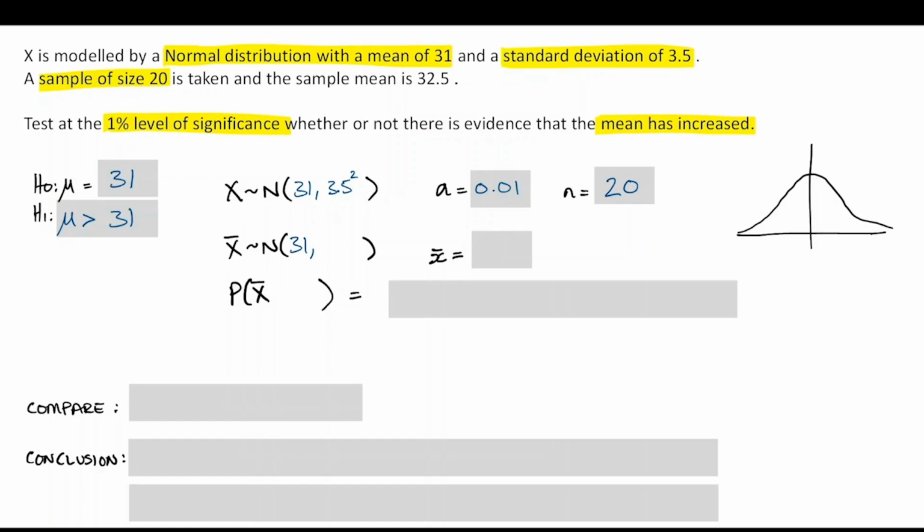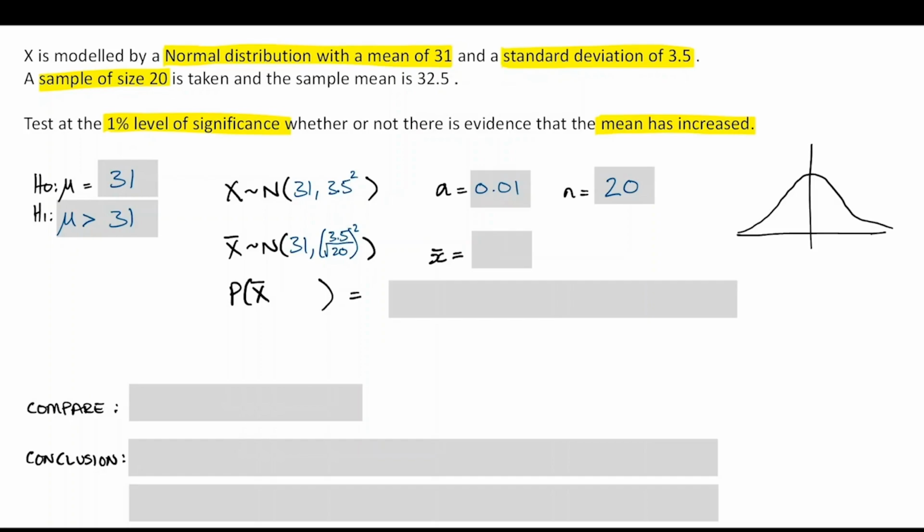The standard deviation, or the standard error, is going to be 3.5 over root n. It's going to be sigma over root n. 3.5 over root 20. And I'm going to show that as being squared so that it's actually the variance. And once again, we're going to show that as being squared. The reason we do this is because the value to go into your calculator is the bracketed version. We are putting the bracketed expression into your calculator.